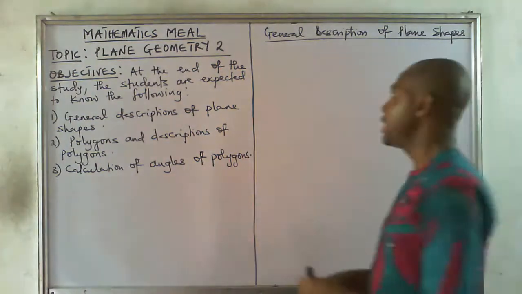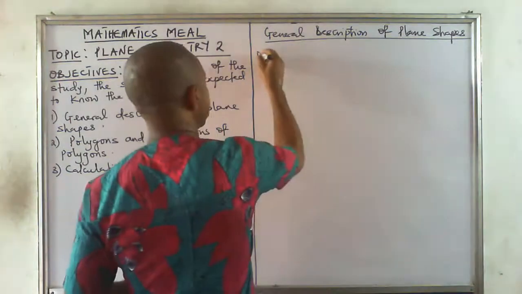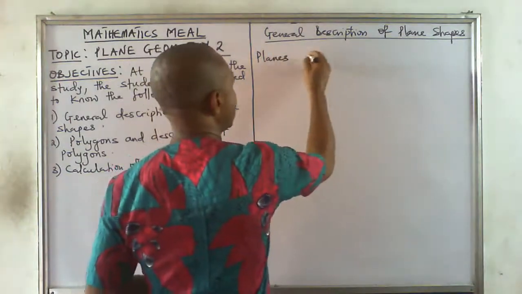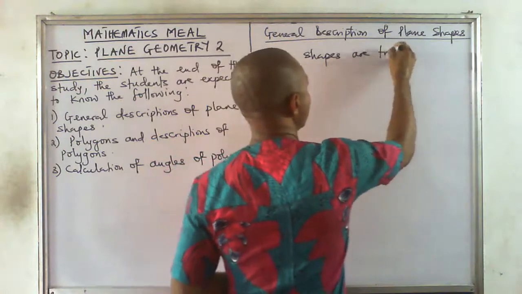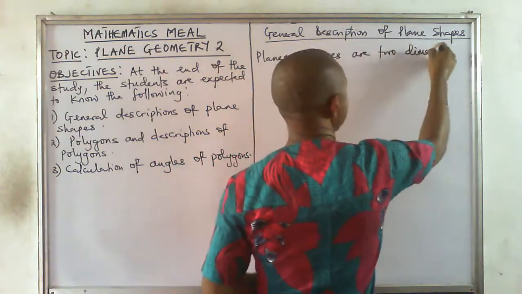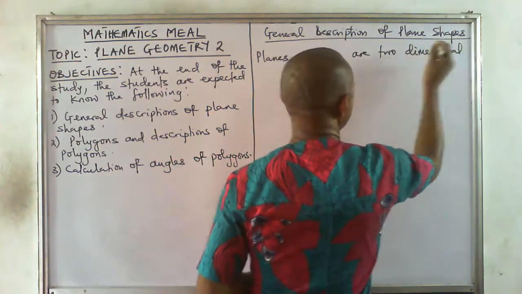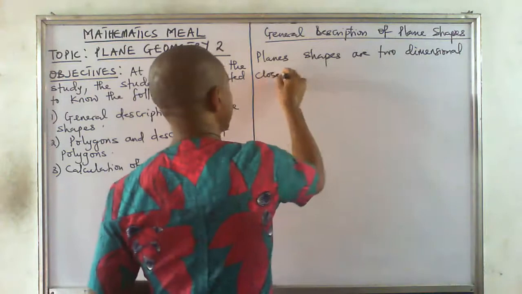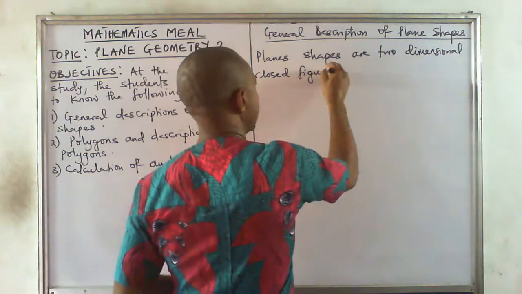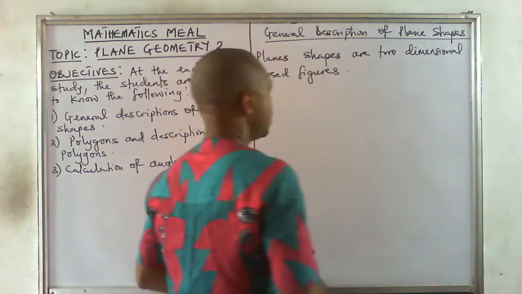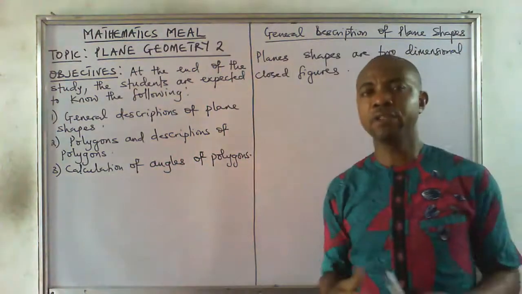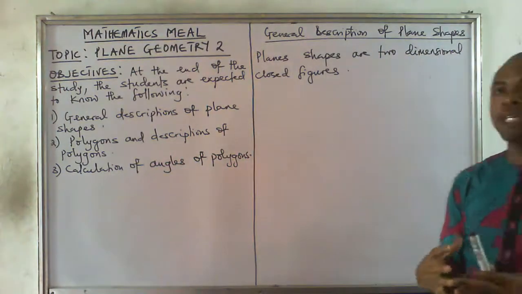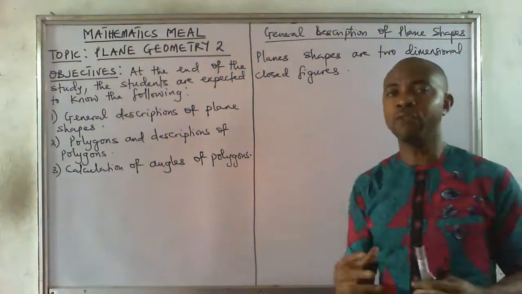But anyway, the shape we want to talk about is a plane shape. Generally we say that plane shapes are 2-dimensional closed figures. So for it to be a plane shape, two things are involved.